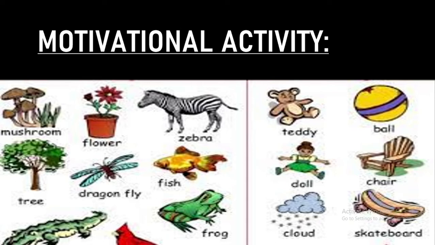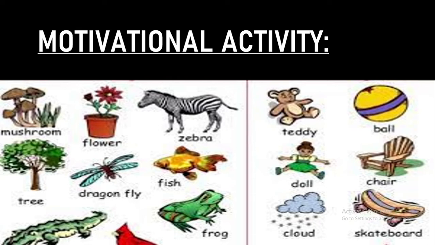Yes, you are correct. Some things are living things and some things are non-living things. Very good. Students, there are many things around us. We can classify them into two main groups, living things and non-living things.